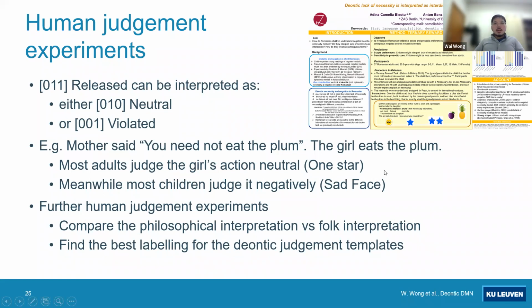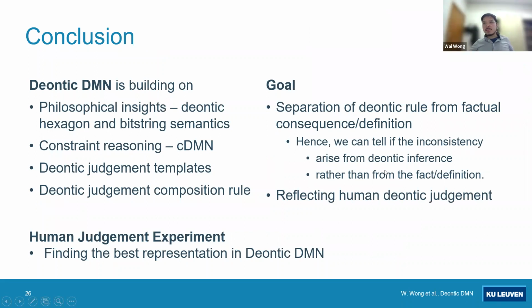So to conclude, the Deontic DMN is building on some philosophical insights. We have the Deontic hexagon and the vision semantics, which help us specify relationships and how to calculate them, and make the system calculate automatically. Also, my colleague's work on the CDMN can be helpful in building the Deontic DMN as well.